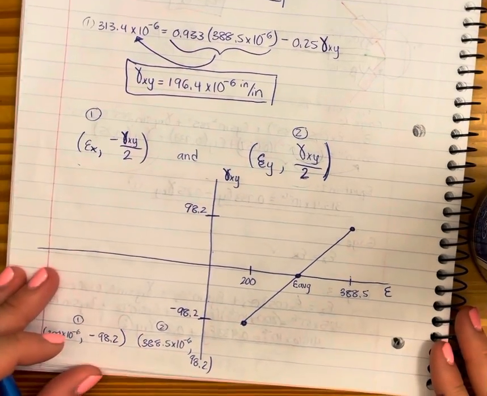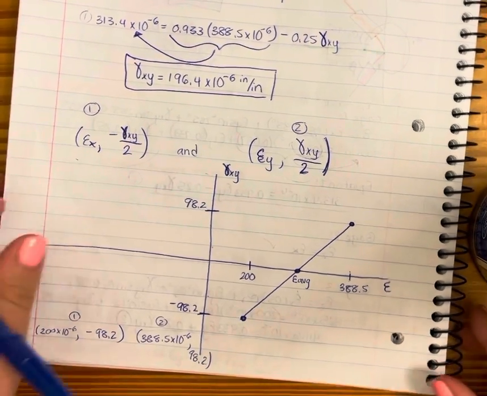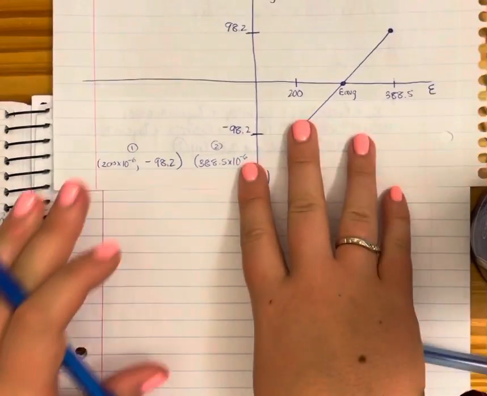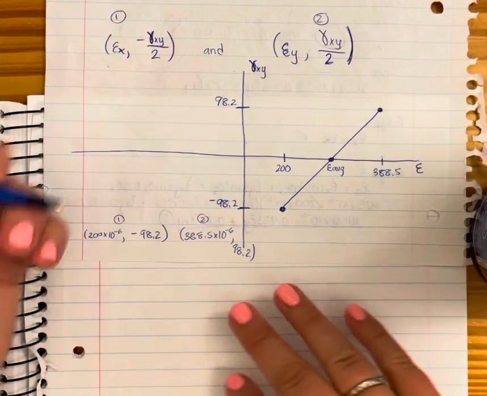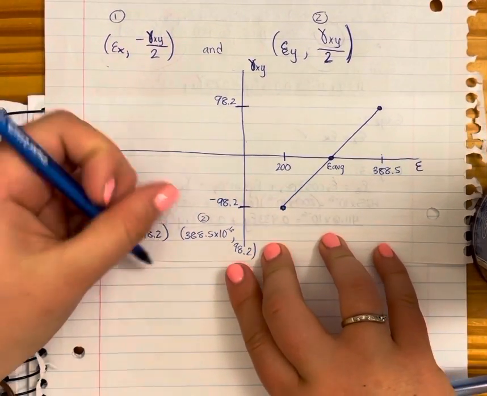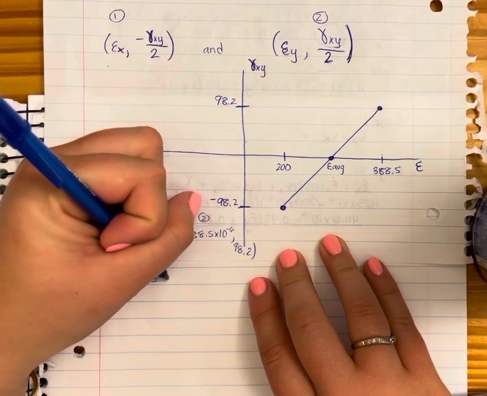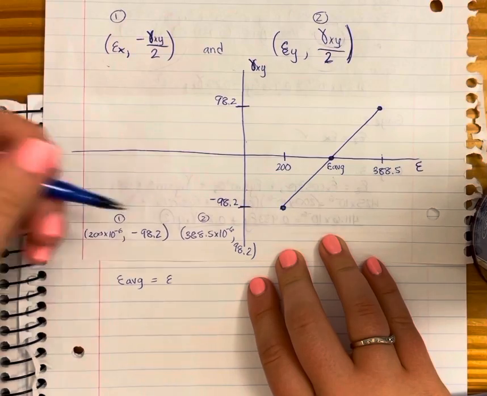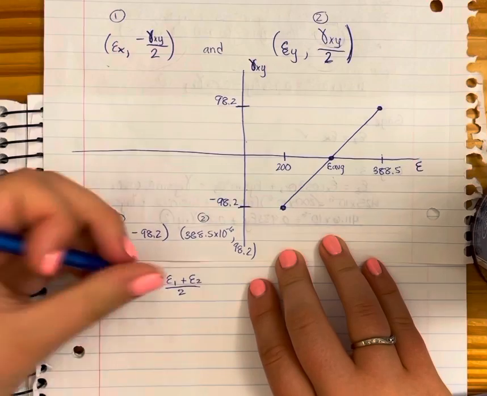To find the strain average, we do strain average equals strain 1 plus strain 2 divided by 2.